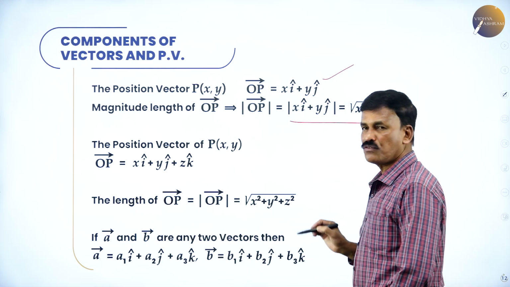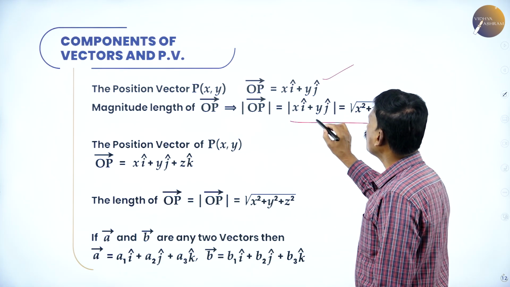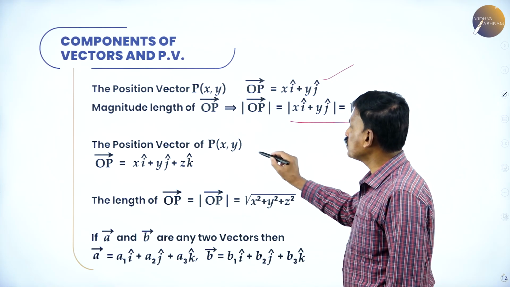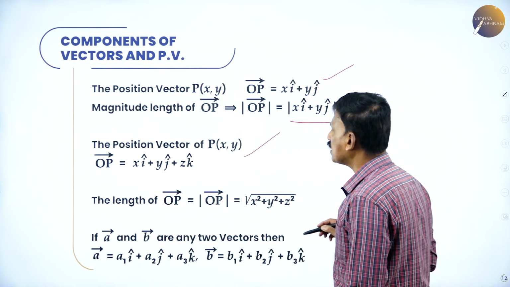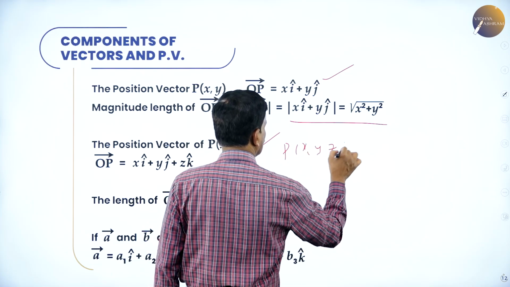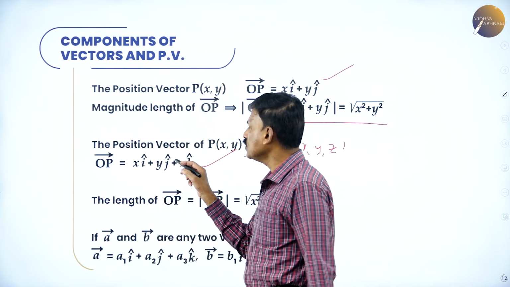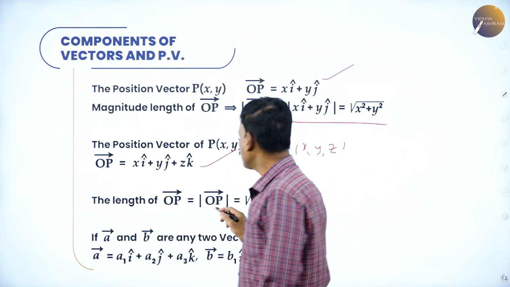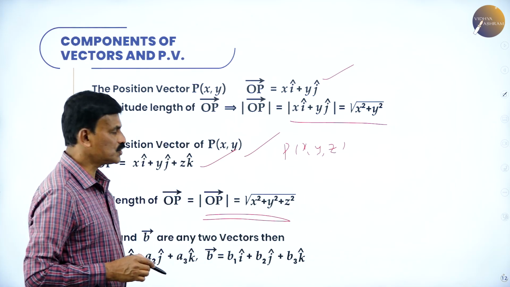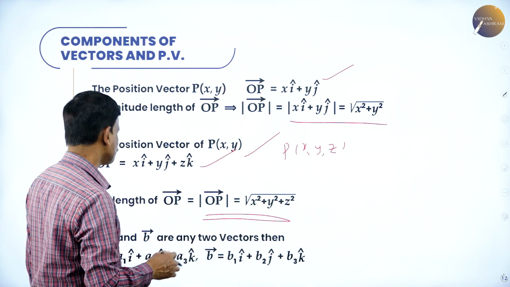Therefore, the magnitude of OP, very important, is mod of Xi plus Yj, the square root of X square plus Y square. So, for the point P(X, Y, Z), vector OP equals Xi plus Yj plus Zk, and the magnitude of this vector OP equals the square root of X square plus Y square plus Z square.